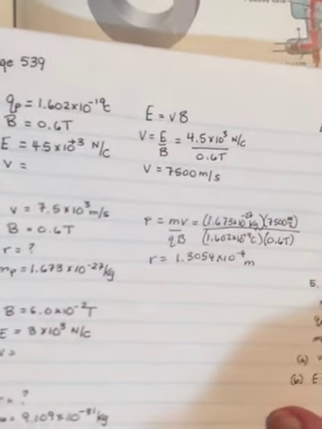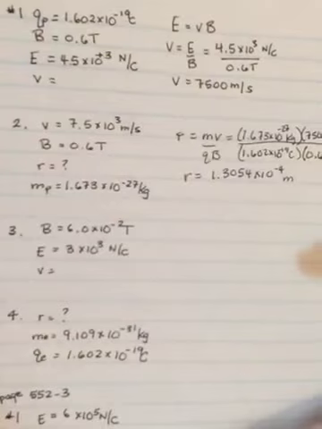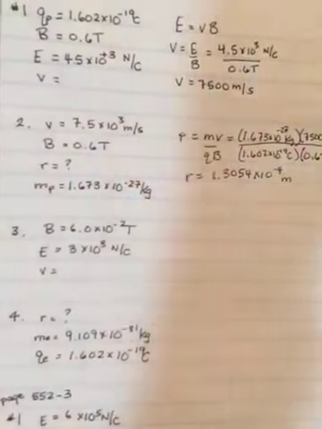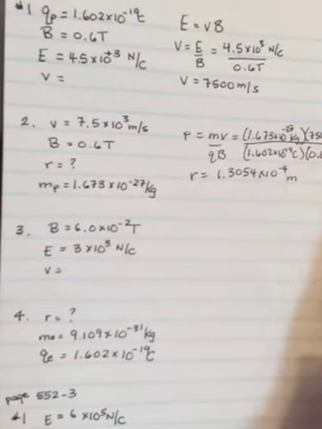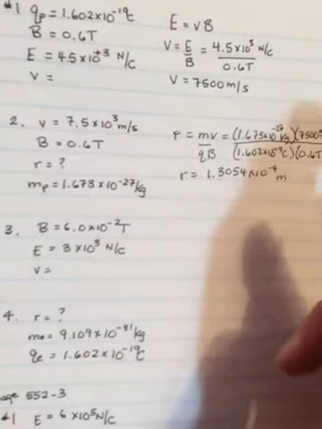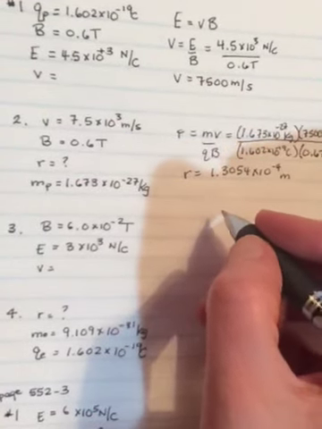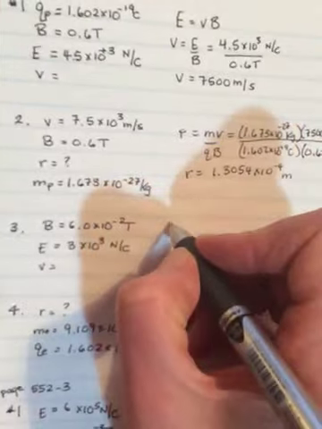Alright, number 3. Electrons move through a 6 times 10 to the negative 2 Tesla magnetic field balanced by a 3 times 10 to the 3 Newton per Coulomb electric field. What is the speed?